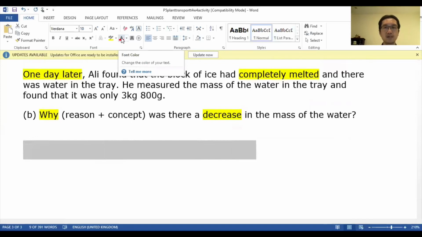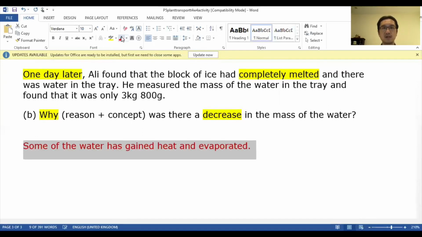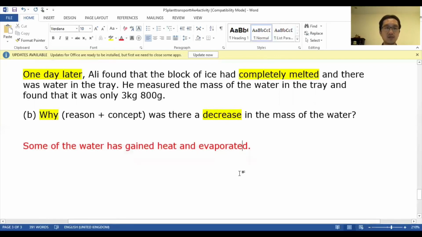This will be quite simple because the first part of the question was 2 marks, and this is a 1 mark question. Why was there a decrease in the mass of water? Some of the water had gained heat and evaporated.